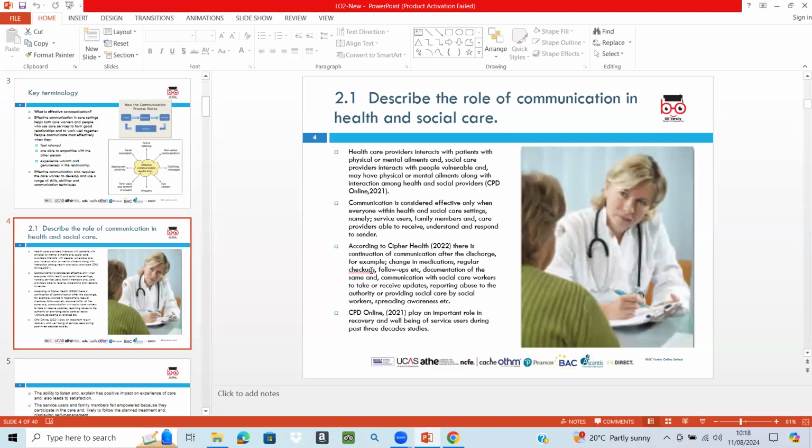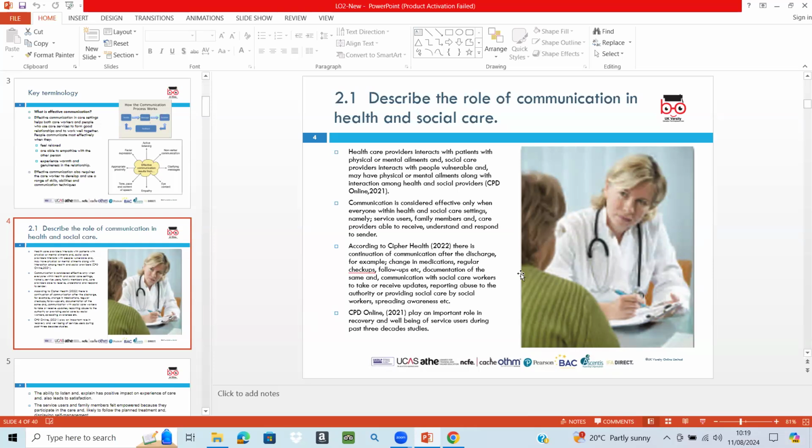Here we have, according to Cipher Health, this is the in-text citation, written in 2022. They say that there is a continuation of communication after the discharge, for example, change in medication, regular checkup, follow-up.